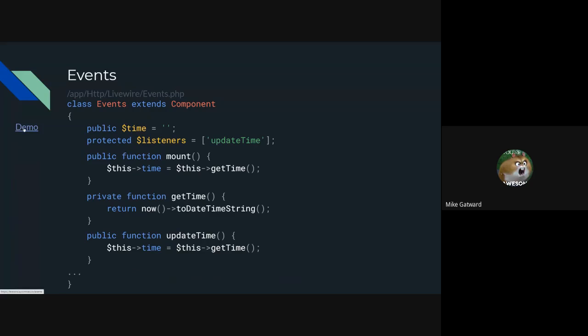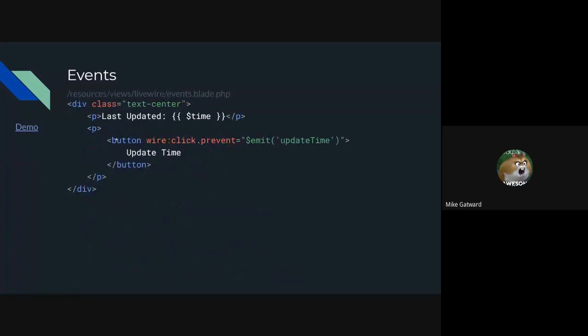So let's have a quick look at the blade view for this, which again is just using typical blade syntax to output. And we've got our button, and you can see here, I'm just showing an example that we can add in Vue-like syntax to prevent things. So for example, if this was a submit button on a form, we wouldn't want it to actually submit the page.